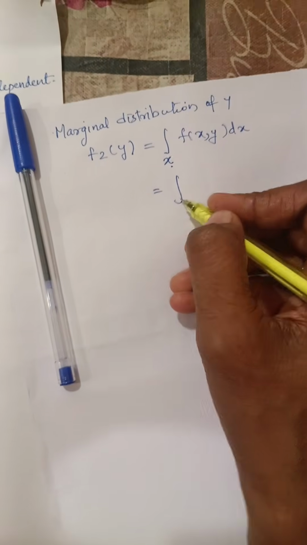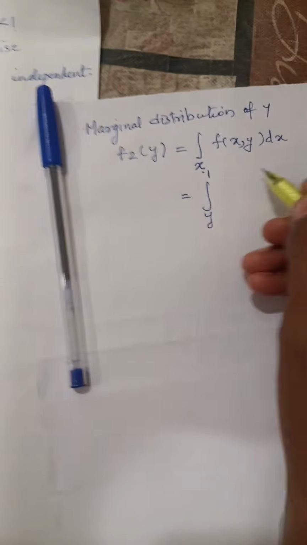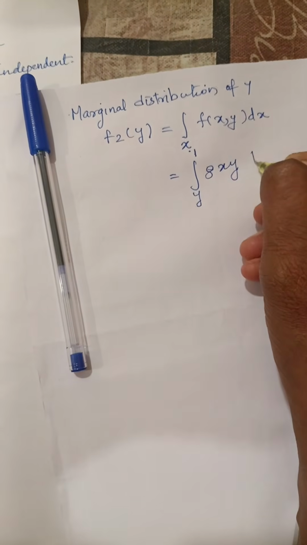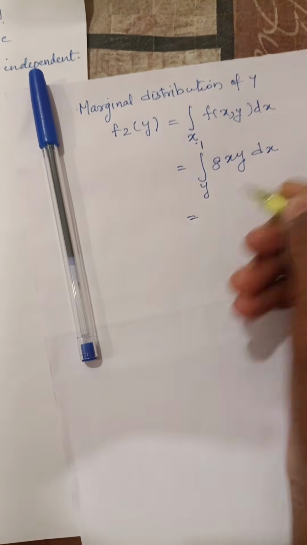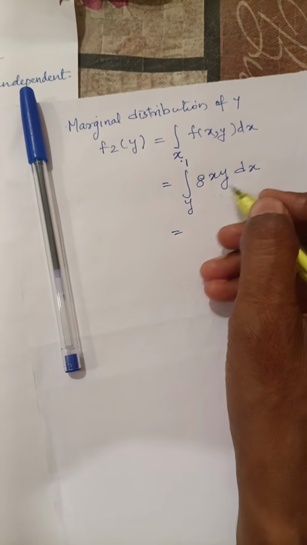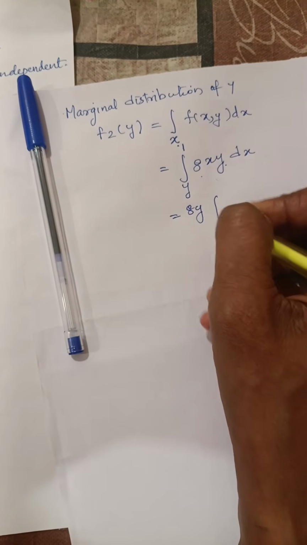So we can substitute that. Integral y to 1 of f of xy, which is 8xy dx. Now since this is the integral with respect to x, we can take 8y as a constant term outside the integral.